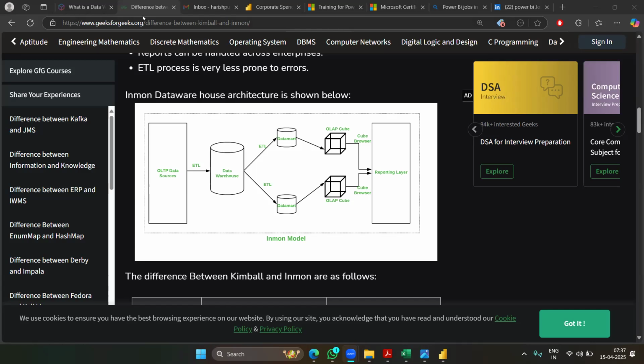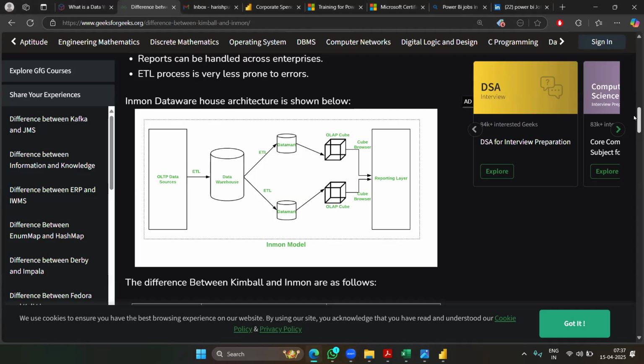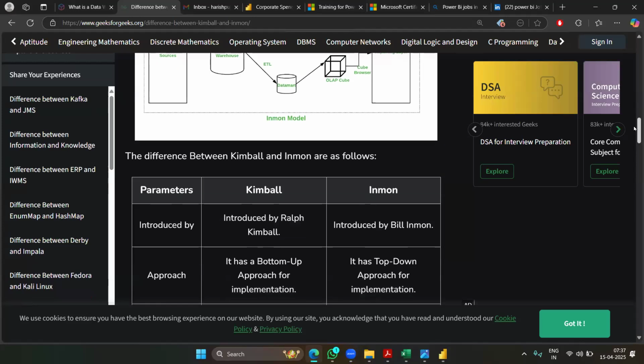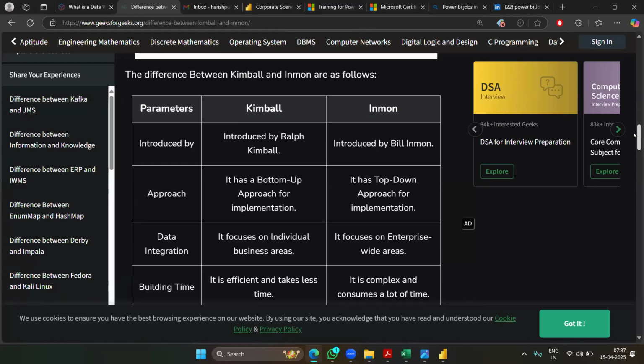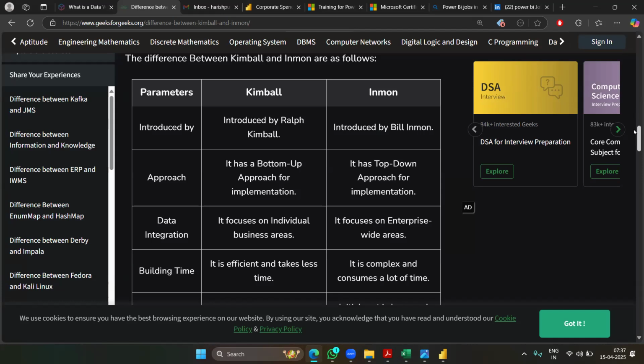Yes, you are right. Both of them are good. That is the reason we are learning them today. Let us see a comparative analysis of both of them. Some organizations want a single place for their entire systems, to avoid duplication or repeated work, and then they will go to Inmon.